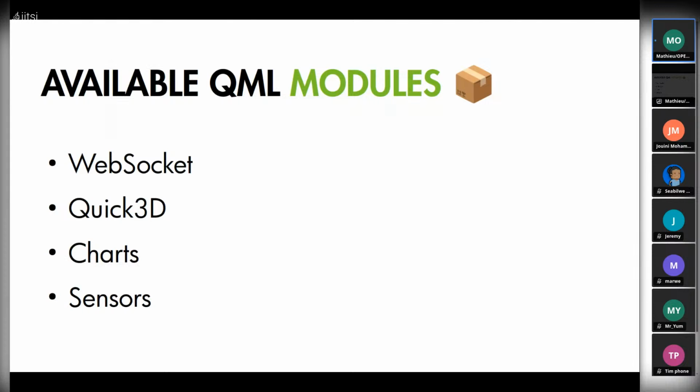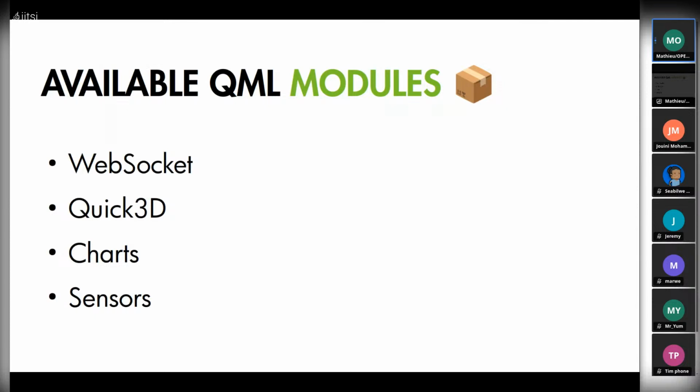QField ships by default with additional QML modules from Qt that can be used for plugins. We have WebSocket, which for people who know it is a nice way to do bidirectional communication across multiple clients and servers.